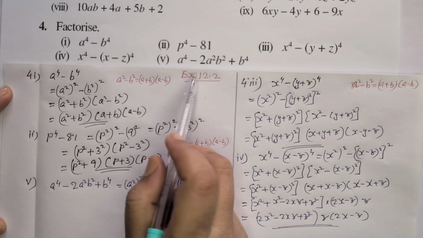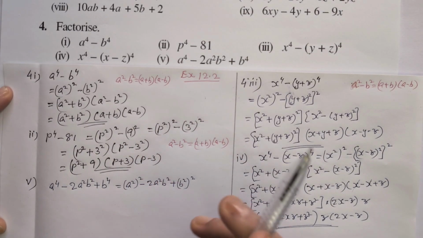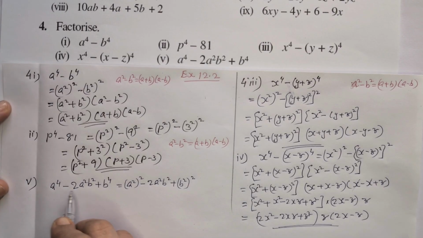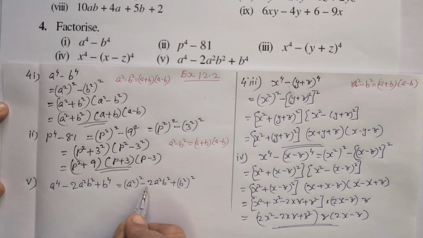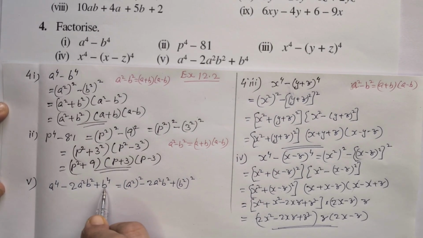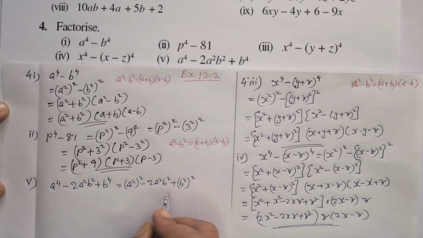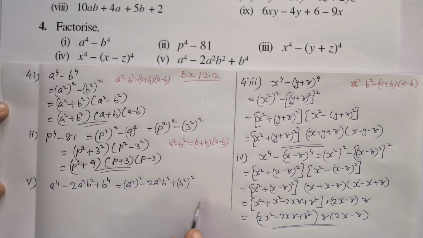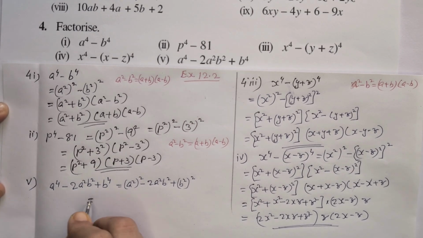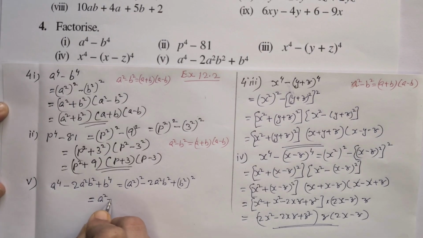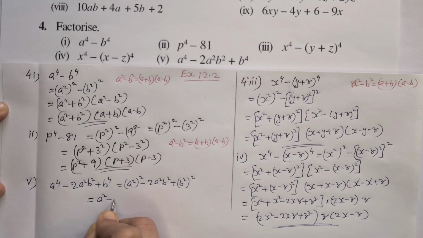Now the fifth one, a raised to 4 minus 2a square b square plus b raised to 4. This we can rewrite as a square the whole square minus 2a square b square plus b square the whole square. And this is the form a minus b the whole square. So we can rewrite that as a square minus b square the whole square form.